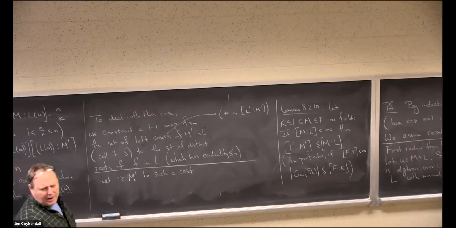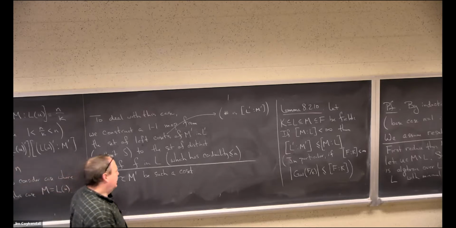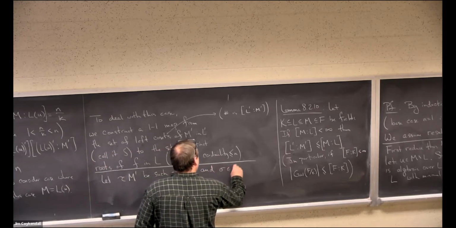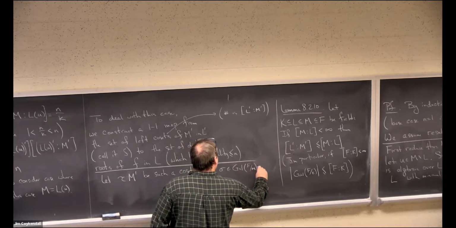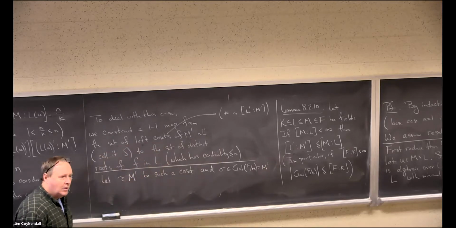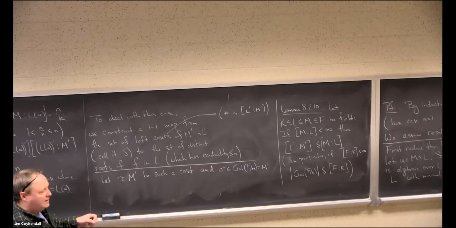So let tau M prime be one of these cosets, and sigma in the Galois group of F over M. And remember, the Galois group of F over M is the automorphisms of F that fix M, and so it's M prime.